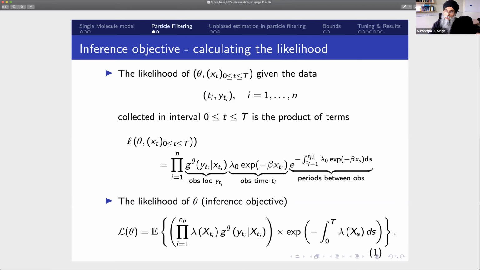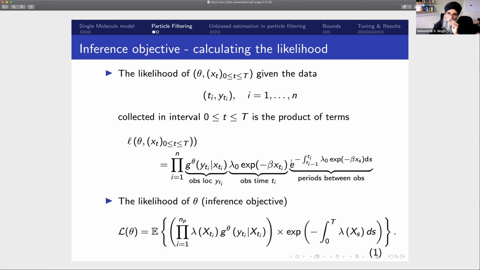That's a silent period when we observe nothing, of the intensity function evaluated at the location of the molecule. This is what we call a path integral, an integral over the path of the diffusing molecule from time t_{i-1} to t_i. We need to exponentiate and negate it. And we have one such term for every observation interval. It accounts for the silent periods between observations.